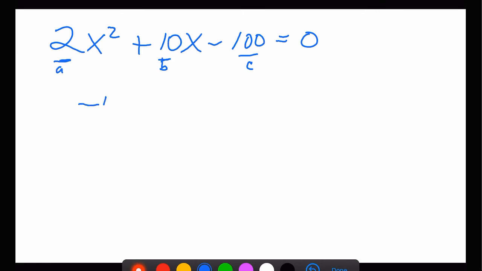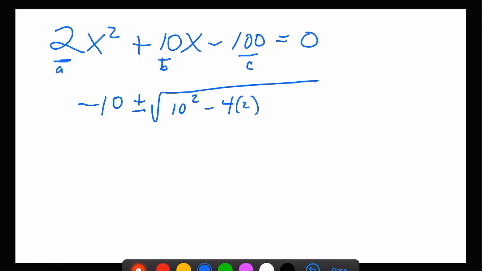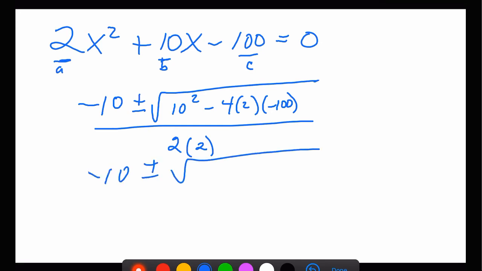So I have minus 10 plus or minus the square root, yes, of 10 squared minus 4 times 2 times minus 100, divided by 2 times 2.